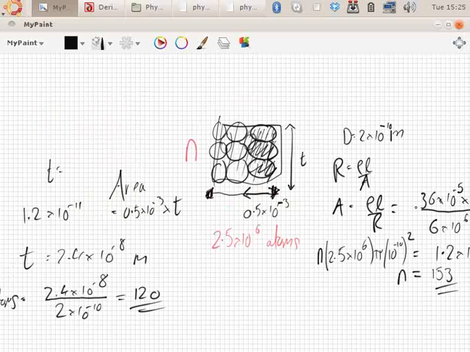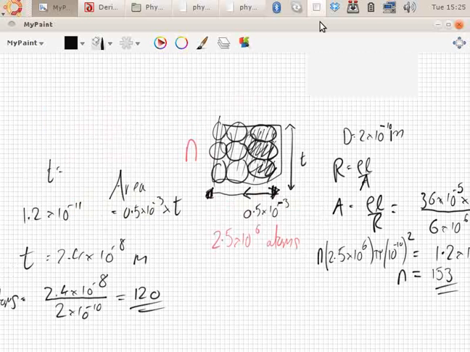In the case on the left, which is how they did it in the exam, they just took it all as one area. But when I did it here, I made it more realistic. I didn't count these little holes here. I just looked at the circles. Something they did not do in the marking scheme. So that's why there's two different answers.